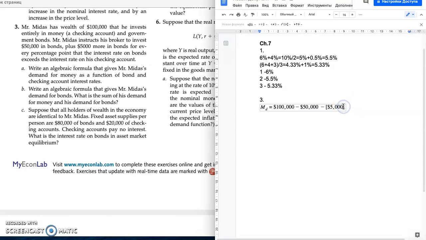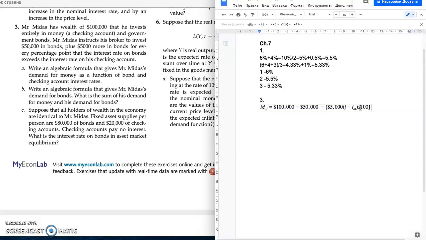At this point we will multiply $5,000 by the nominal interest rate earned by the alternative non-monetary asset, I, minus the nominal interest rate on money, IM. It will look like that, and we will multiply it by 100 because I and IM are in decimals, not percent.